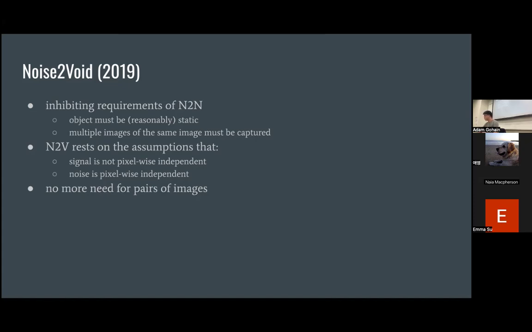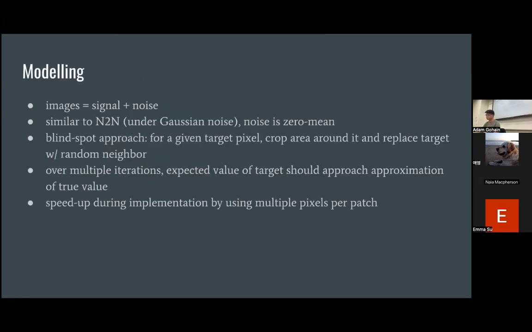But the real benefit of using Noise2Void is that all the noisy pairs are generated from a single image. So now there's no more need to take multiple photos of the same thing. The paper models an image as, like I said earlier, a signal plus a noise.